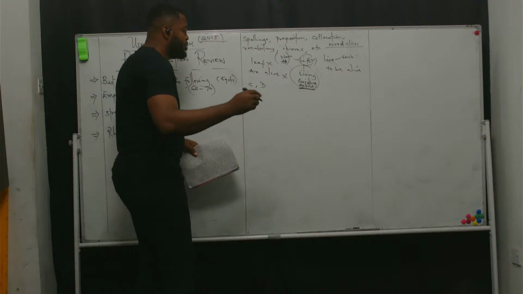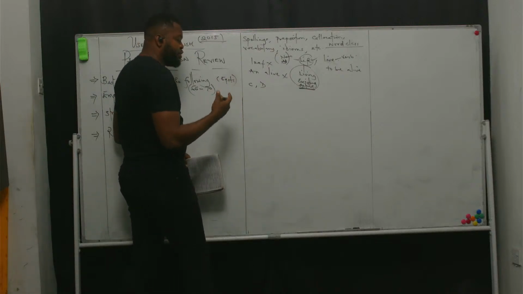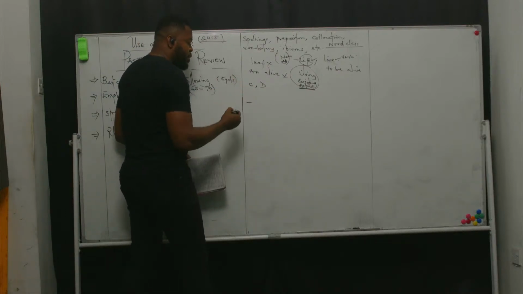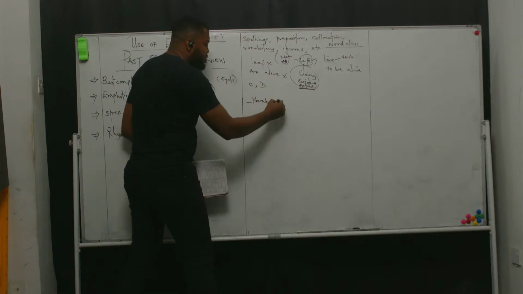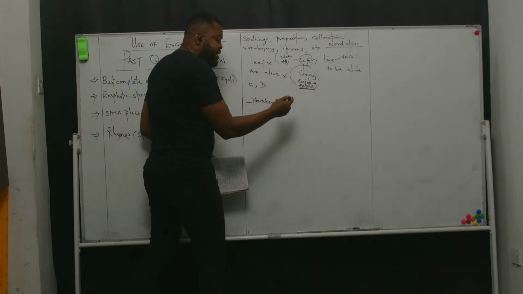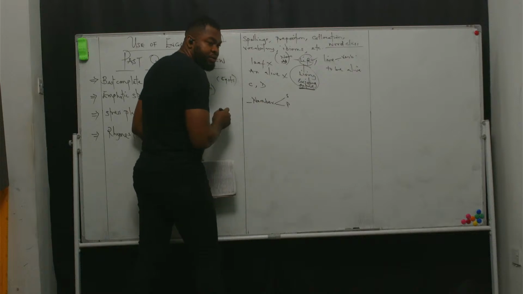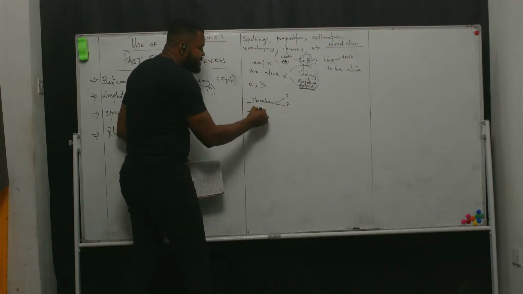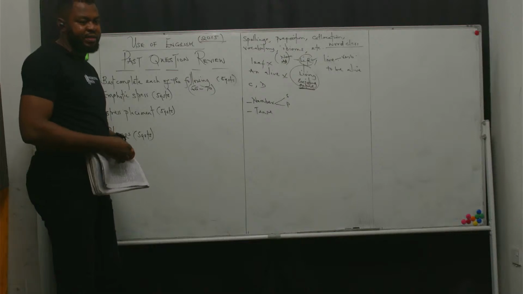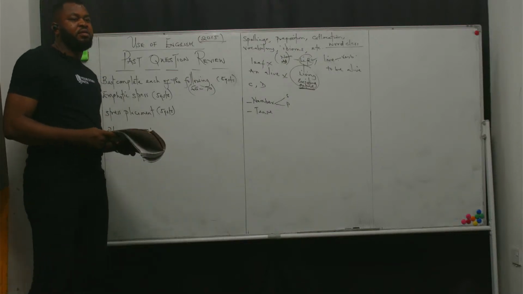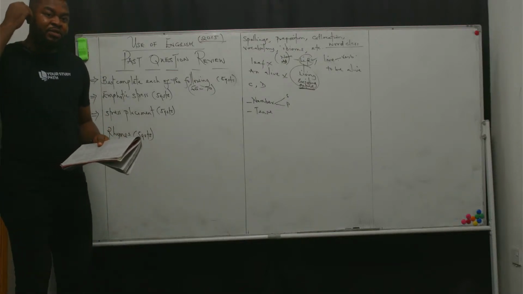So these are the things you'll consider. You consider number, I hope you understand what I mean by number. Yes, whether the actual noun, which is brakes, is singular or plural. You also consider tense. Do you know what I mean by tense? Yes, when that particular action was reported.